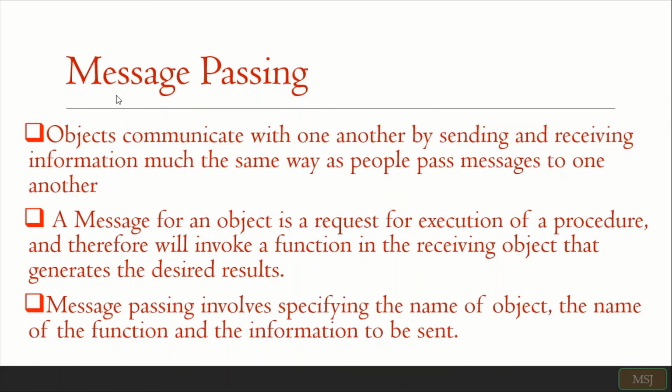Then lastly, message passing. Here we create objects. In Java, everything is an object, right? Objects communicate with one another by sending and receiving information, much as people pass messages to one another. So one object can communicate with some other object. A message for an object is a request for execution of a procedure, and therefore will invoke a function in the receiving object that generates the desired results.